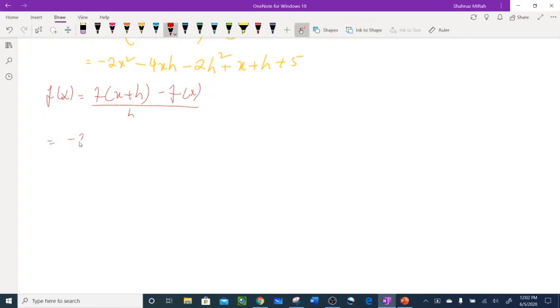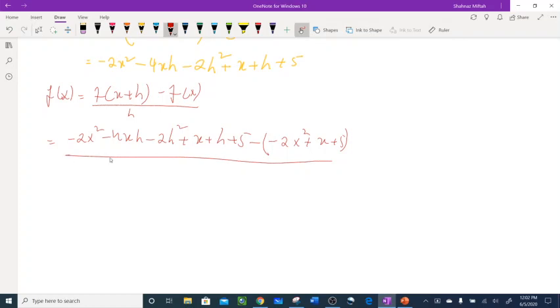So it's going to be negative 2x squared minus 4xh minus 2h squared plus x plus h plus 5 minus that, minus f of x. f of x means the original function that we had. So our original function, and I'm going to put parentheses there so I know that's the original one, negative 2x squared plus x plus 5 enclosed.